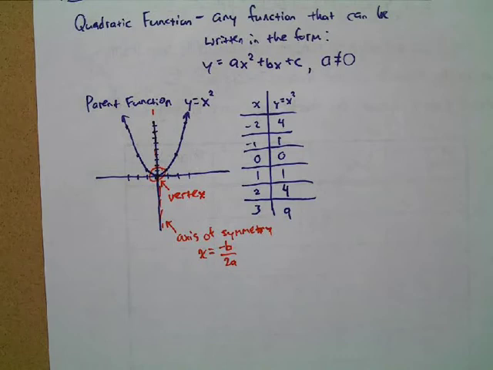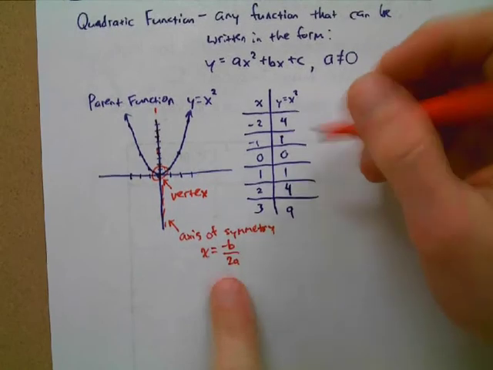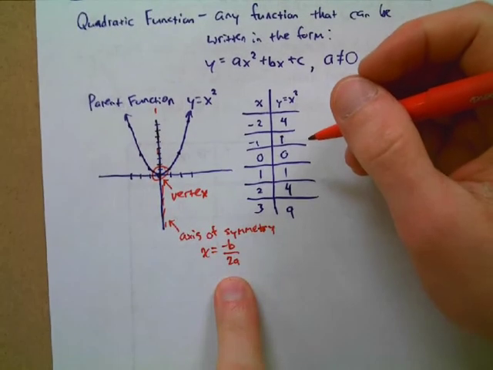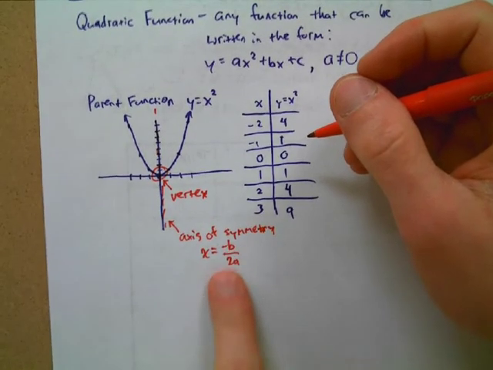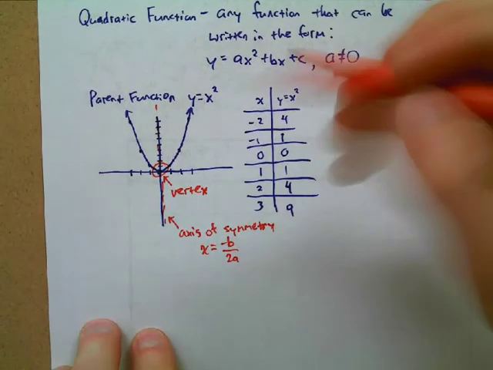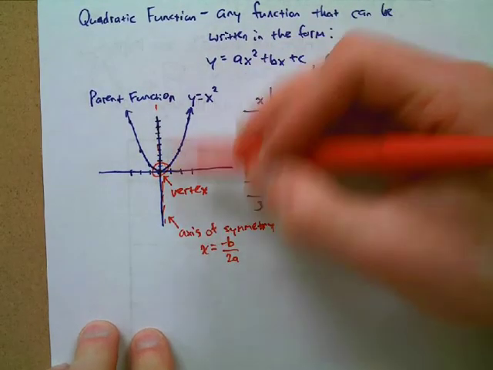There's that vertex calculation, and then we add or subtract the square root of the discriminant to get our zeros. But there's the vertex part. The axis of symmetry is right in the center of the parabola. So that's the axis of symmetry calculation, which we'll then use to help us find the vertex, because the axis of symmetry always goes through the vertex.